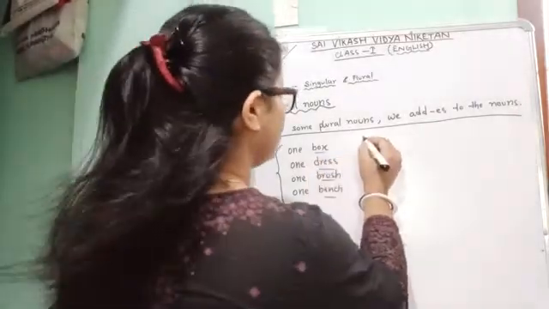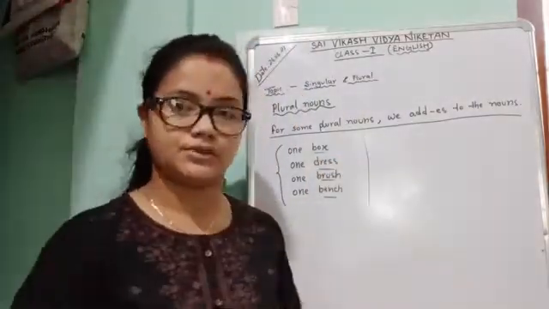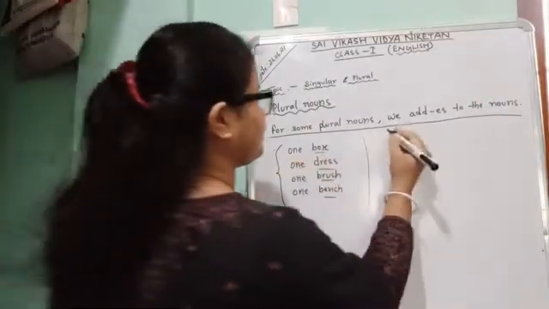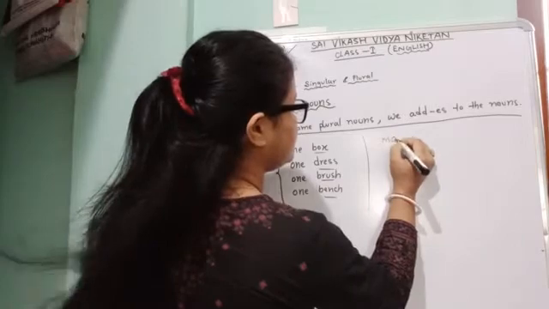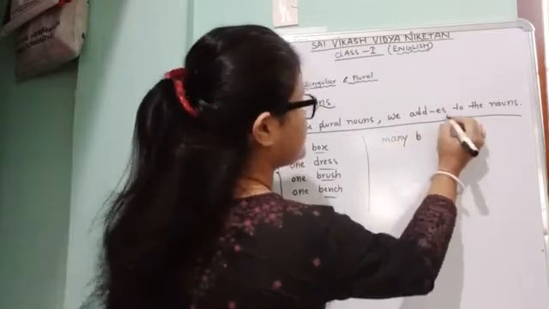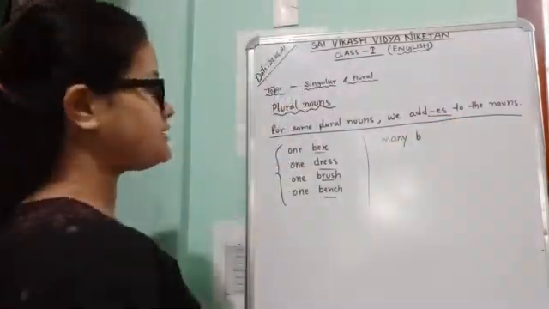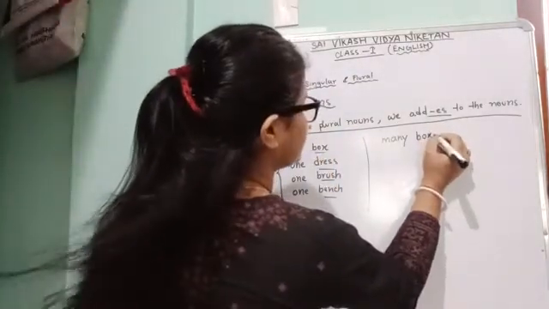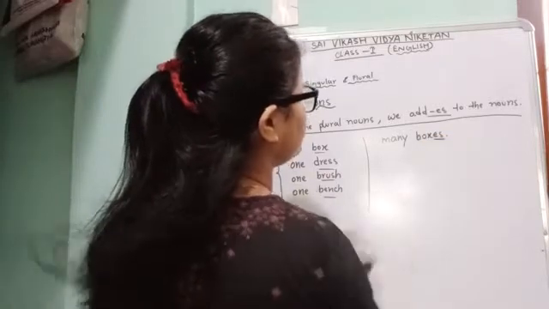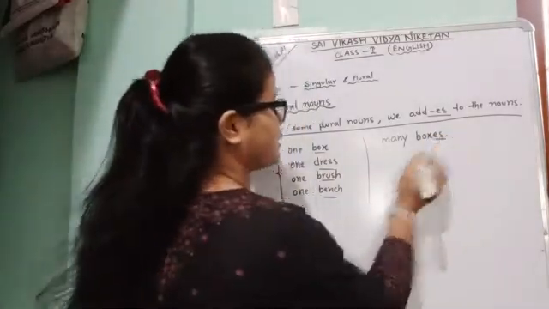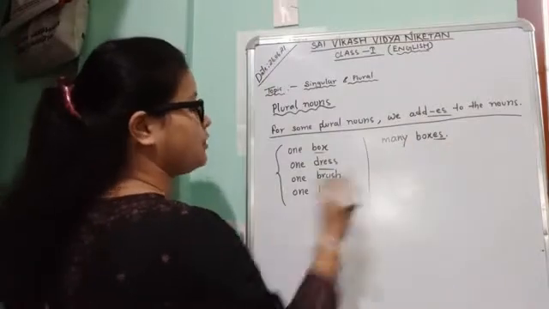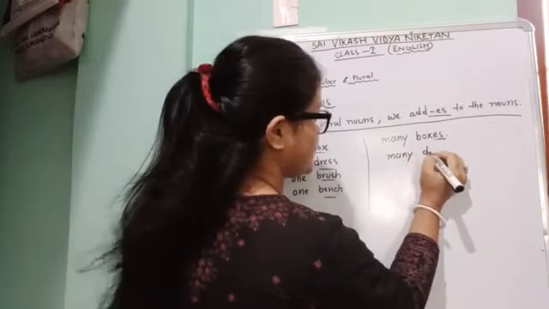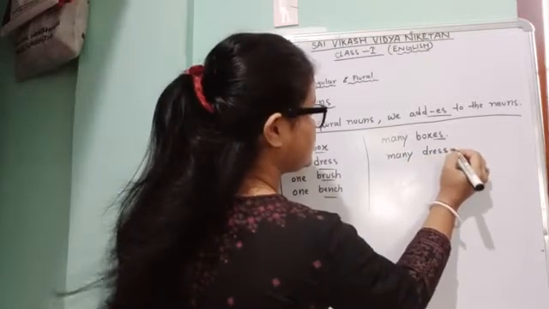Now we have to convert it to the plural nouns. How? One box, many boxes. That means we have to add es to the nouns. So, one box, many boxes. One dress, many dresses, D-R-E-S-S-E-S.